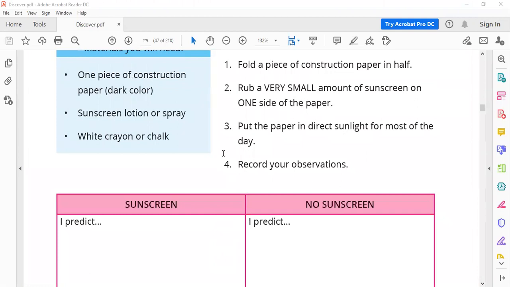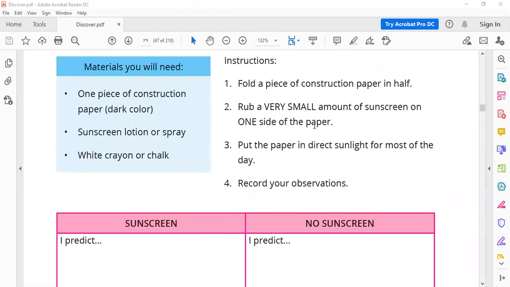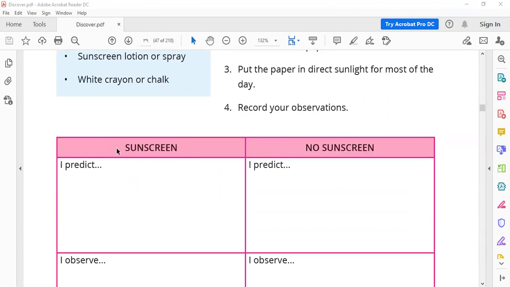Here we have an experiment, something we do to find out why the sunscreen is important. If you have a paper and you put sunscreen on half of the paper and you leave the other half without sunscreen, then you put it in the sun, what will happen?